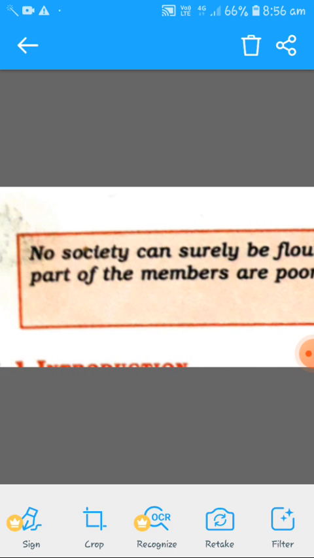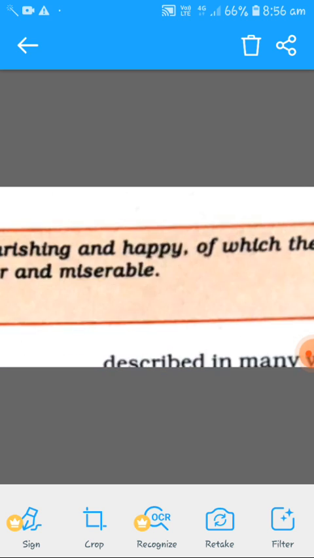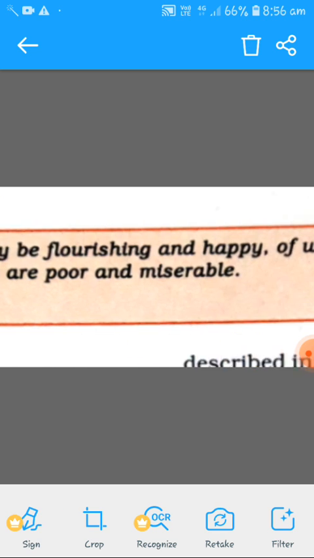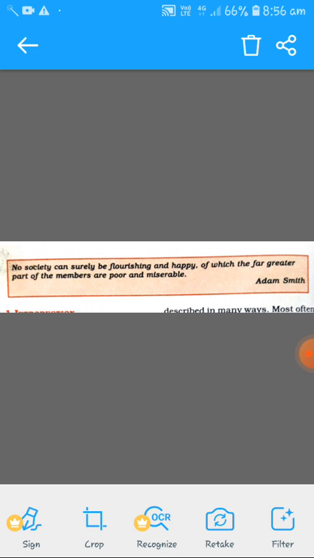So, what does Adam Smith say? No society can surely be flourishing and happy of which the far greater part of the numbers are poor and miserable. What Adam Smith tries to say is that no society can be flourishing, a happy, very prosperous society, when the majority of the people are on the verge of poverty.